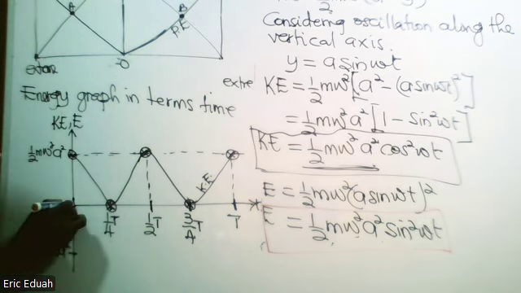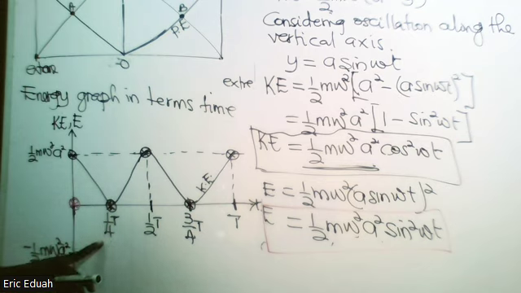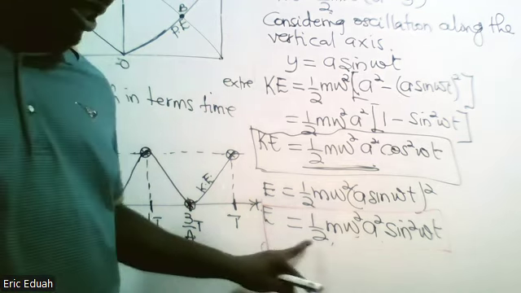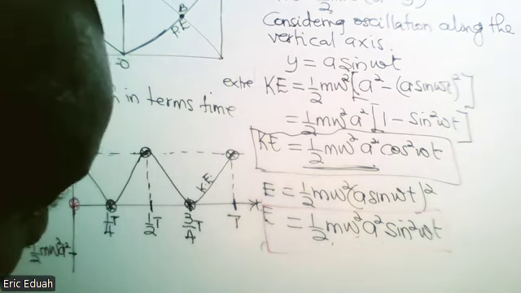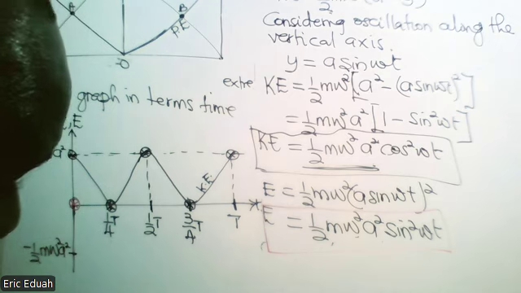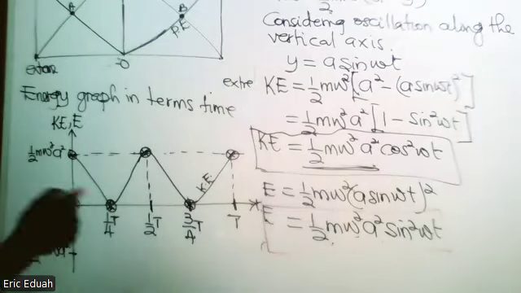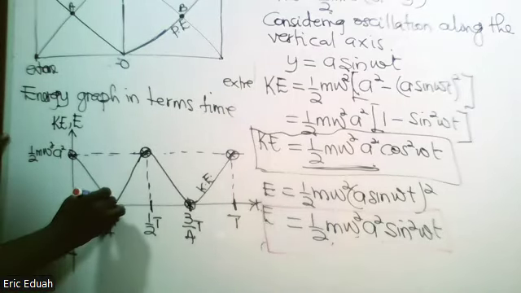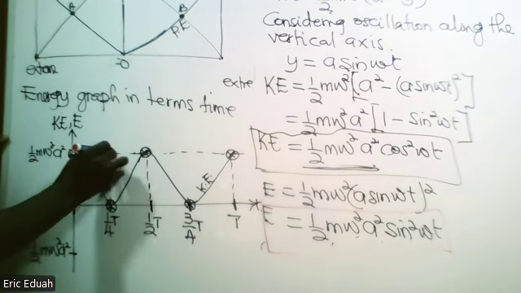Sine function starts from 0. When T is a quarter of the period or theta is 90, what will be the potential energy? At the maximum. So this time we'll go with energy at the maximum value.